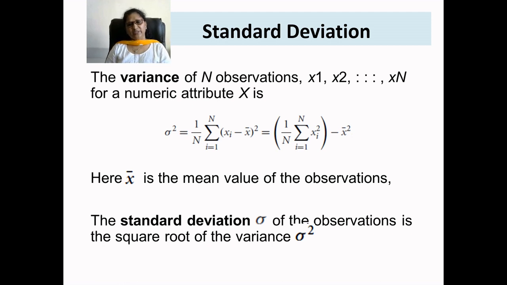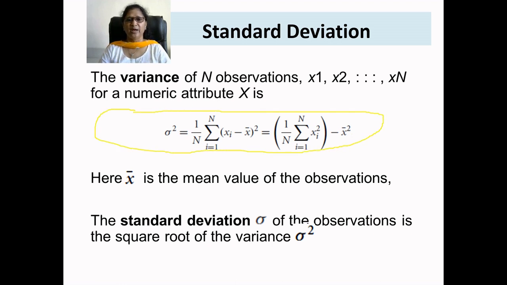For standard deviation computation, we use variance. Now what is variance? Variance of n observations x1 to xn for some numeric attribute, say x, is computed using this formula. Variance is sigma square, and the square root of it, sigma, is our standard deviation. How is sigma square computed? It is the average of the squared difference of each value from its mean.